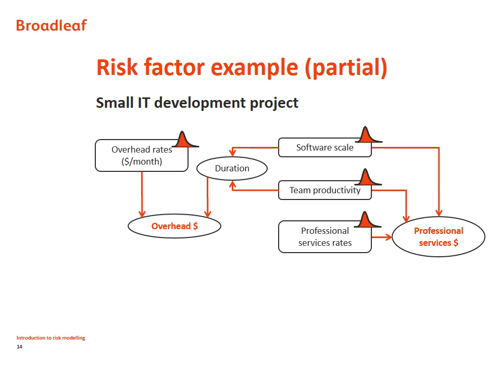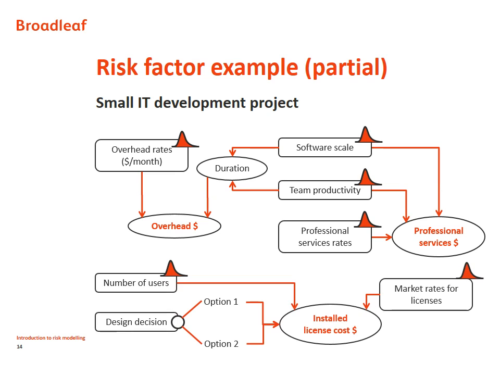Uncertainty about the scale of the job and the team productivity also affect the total spend on professional services, along with the uncertainty about the market rate for professional services. And then it may be that the cost of installed licenses will be subject to uncertainty about the number of end users and the market rate for licenses, as well as a design decision, possibly a choice of operating system or some other feature of the system.